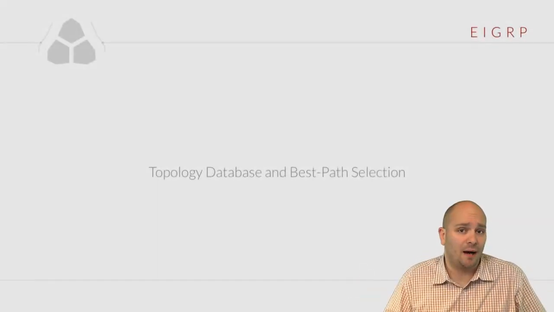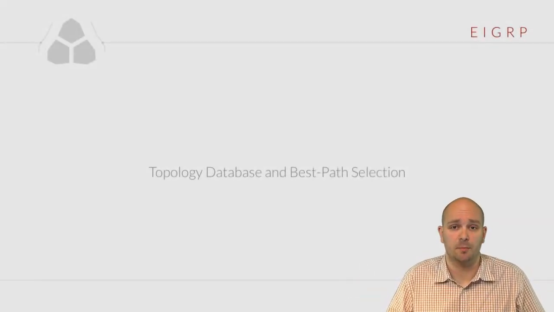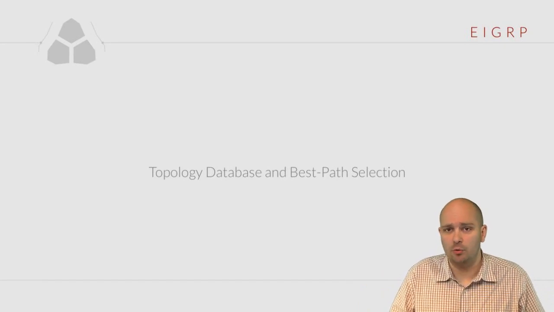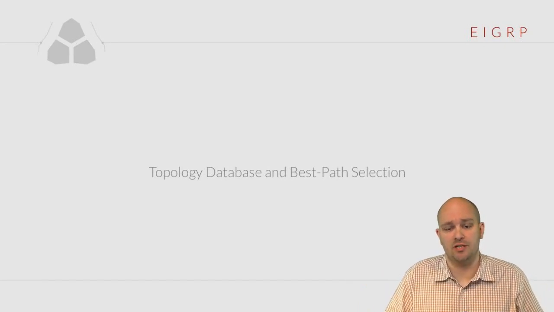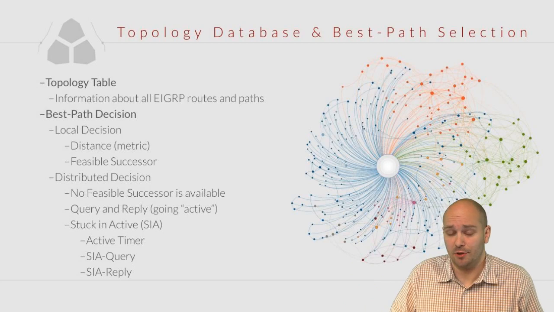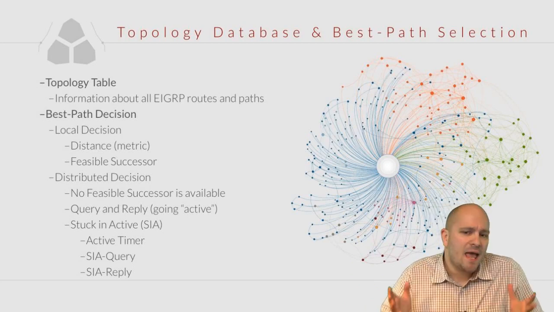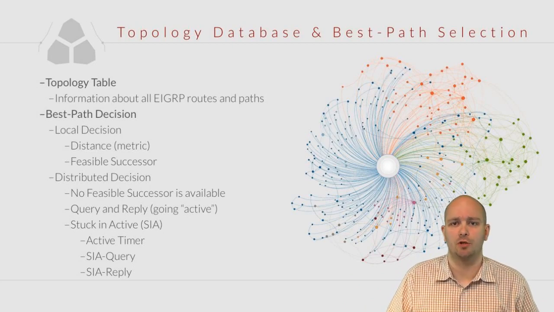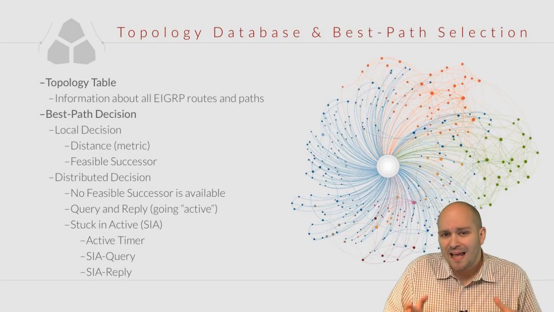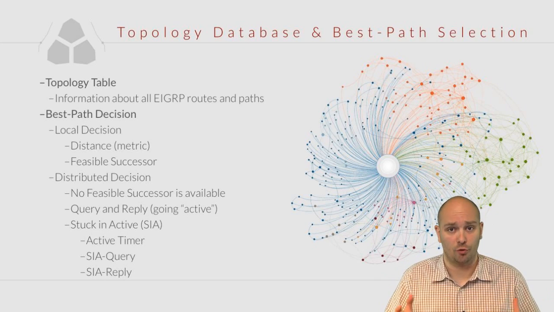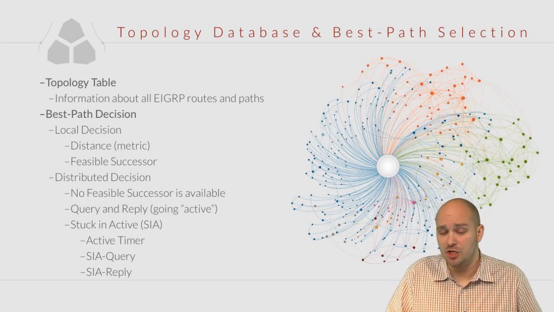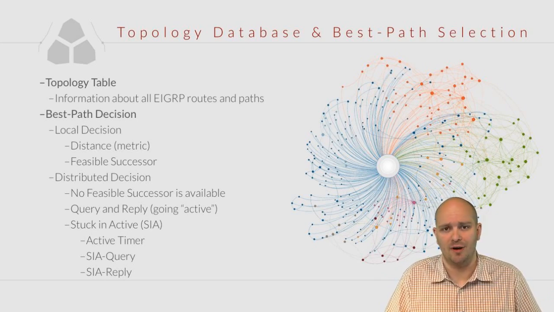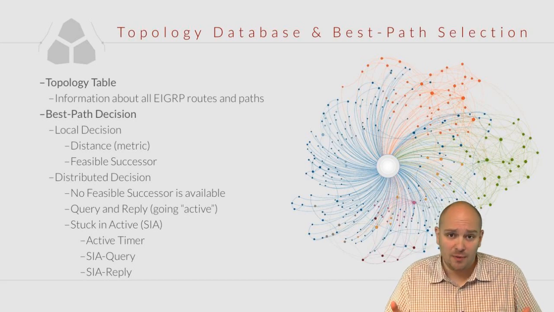Now that we learned about the terminology of EIGRP, let's take a look at how this is all used in the topology database and the best path selection process used by EIGRP. When we talk about the protocol database, the EIGRP topology table, so-called, this is the table internal to the router that contains information about all EIGRP routes. And by all, I really mean all.